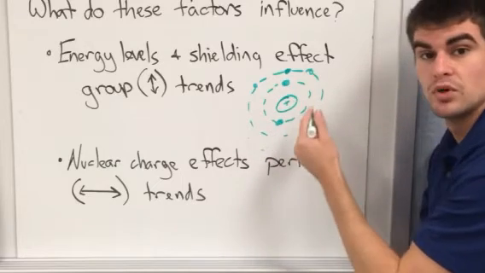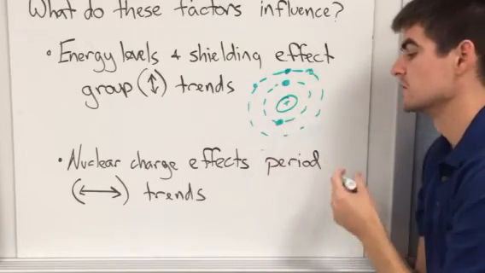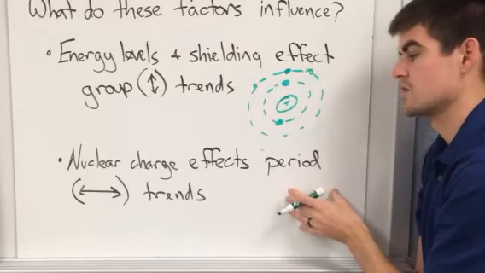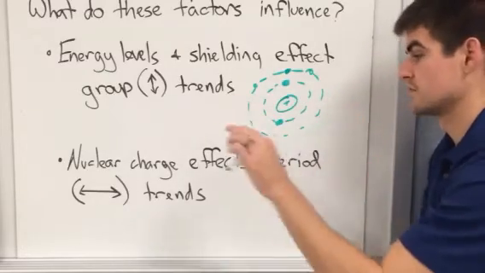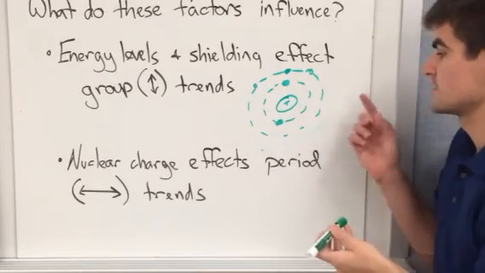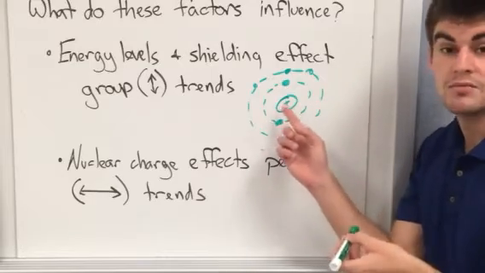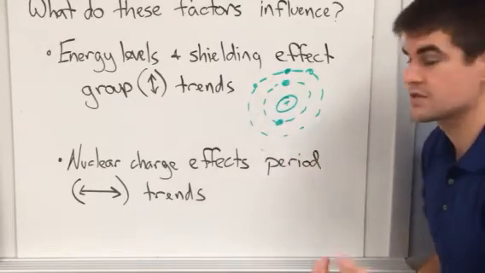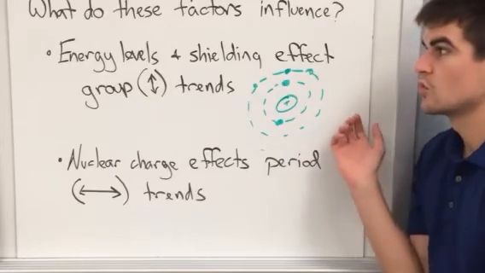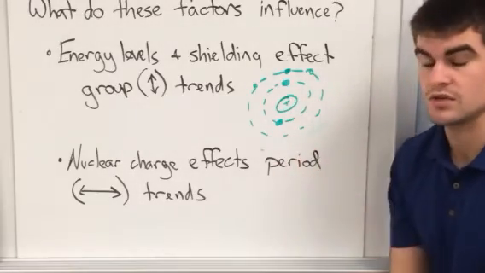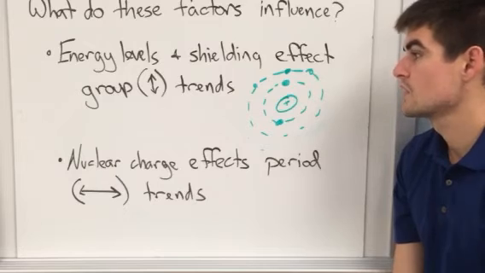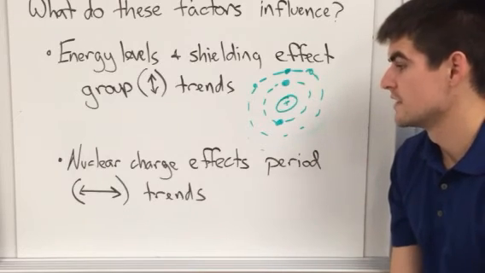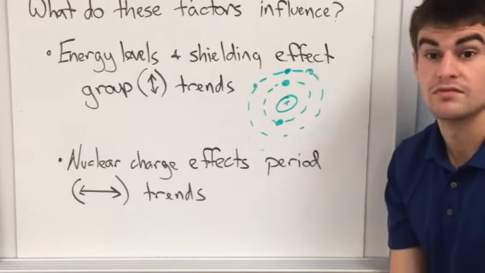So we're adding more pull to the middle. So that's how nuclear charge affects period trends, or left to right trends. Electrons in the same ring, but you're adding more positive, so there is more opposite attraction. We'll talk more about these. We'll apply more of these, but I just wanted to give you the notes, and then we'll look at these definitely more in depth.